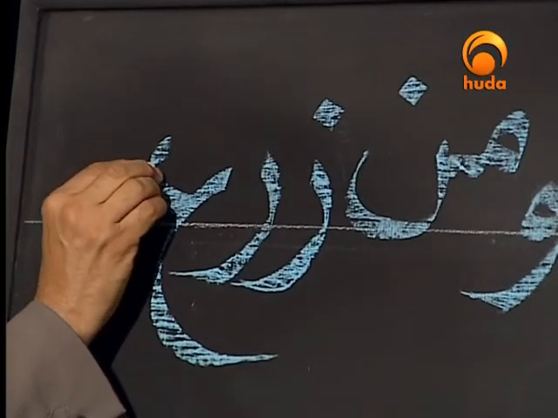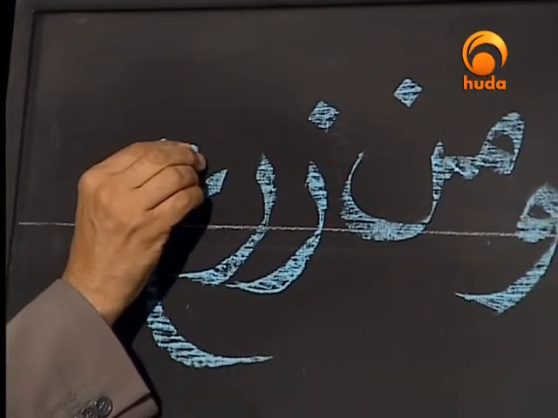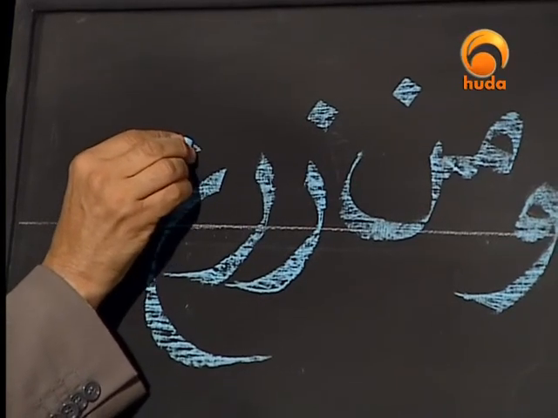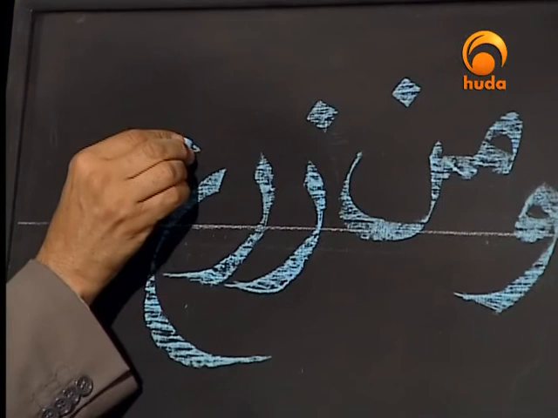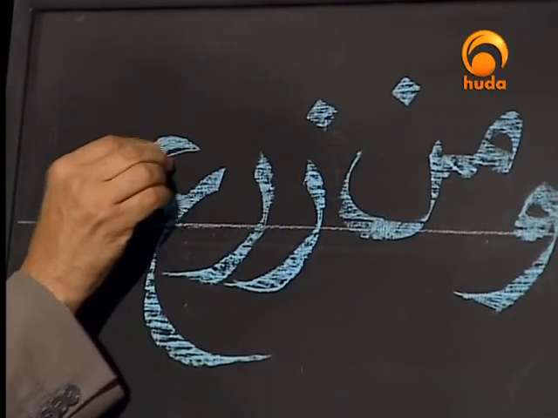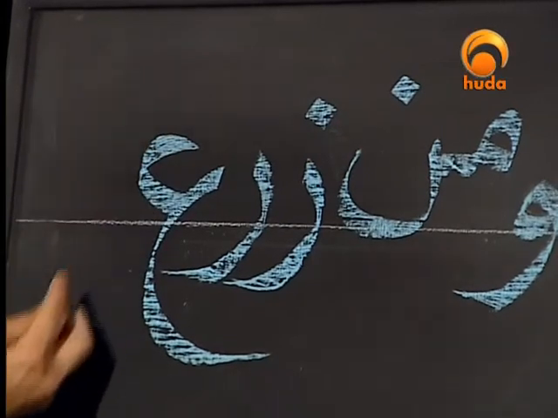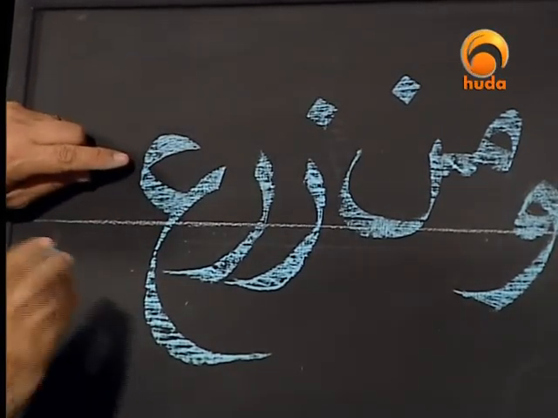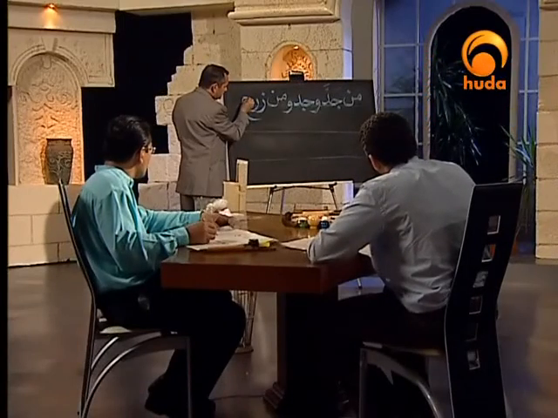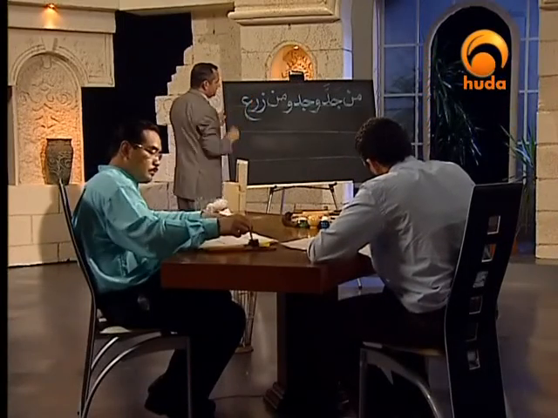The other part here of Ain, I'll draw it with the edge of my pen or edge of my chalk, according to the instrument I'm using. If I'm using the pen, it will be the edge of my pen, or if I'm using the chalk, I can do it just very thin and fill it.